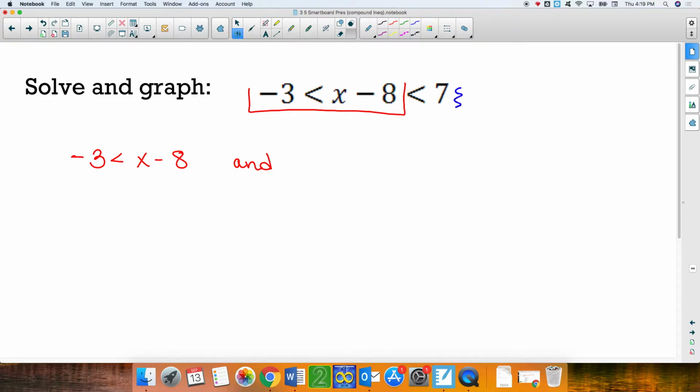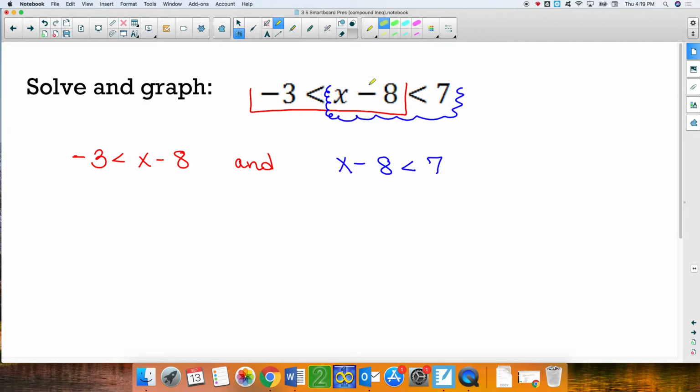Go all the way over until I get to the next inequality symbol and stop, and then write it. x minus 8 is less than 7. You should notice that the inside portion that's squeezed in between the inequality symbols gets repeated in both when you write them as two separate inequalities.